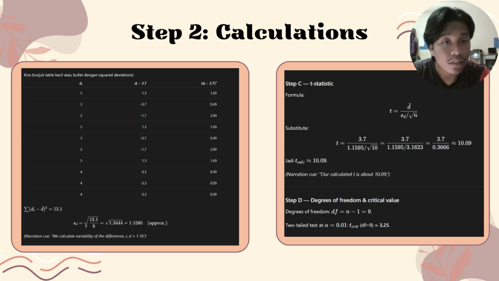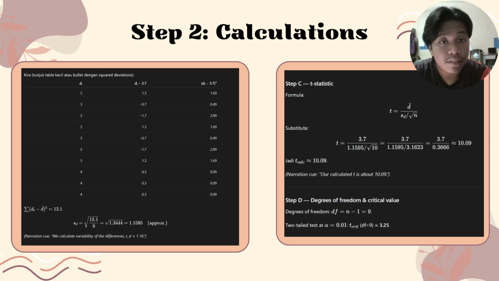So list all the differences, then list all of the differences minus 3.7, and then all of the differences minus 3.7 squared. You guys could do this without listing it one by one.